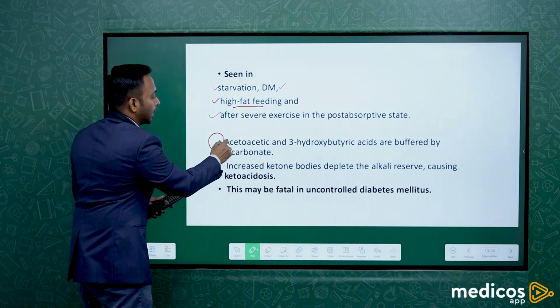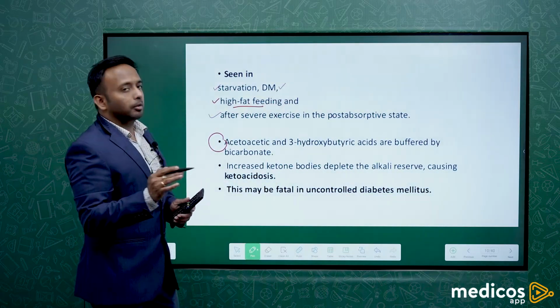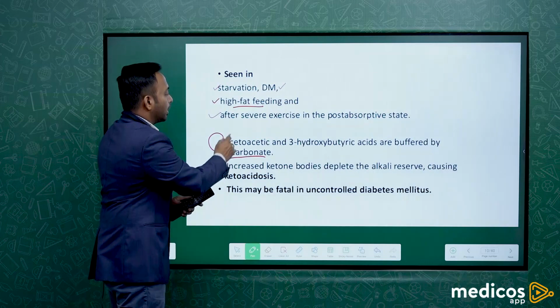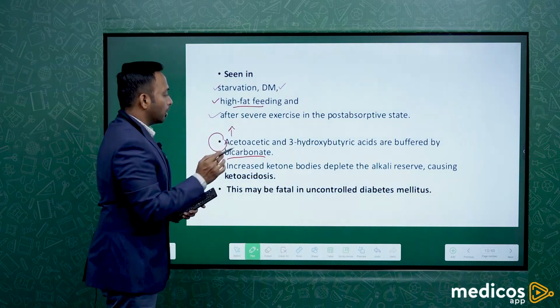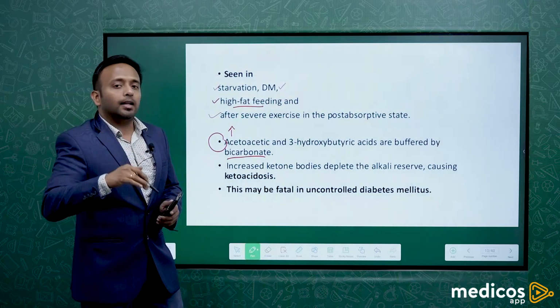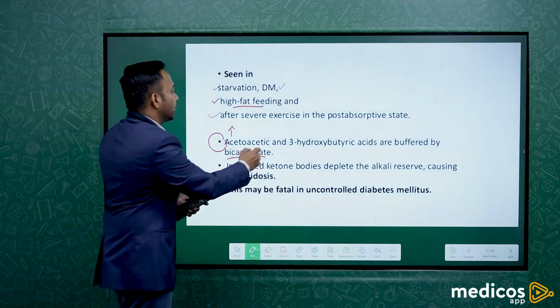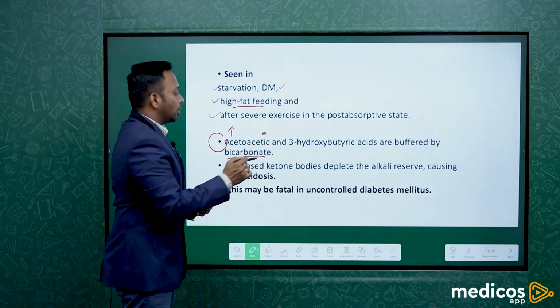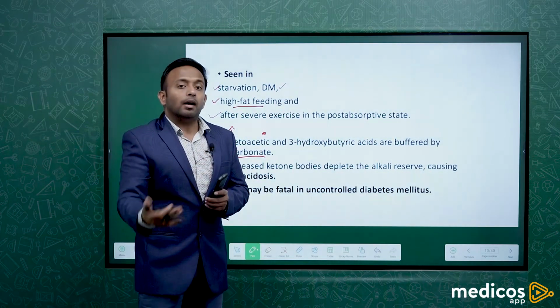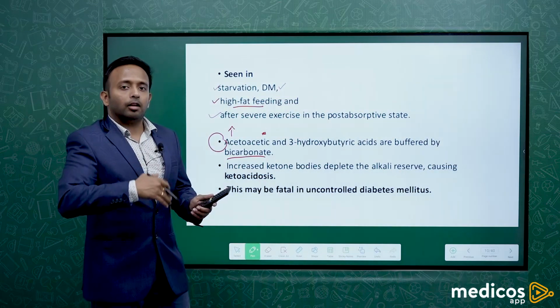So acetoacetic acid and beta hydroxybutyrate are buffered by bicarbonates. So whenever there are increased levels of ketone bodies, what happens? You are utilizing the alkali, that is the bicarbonate, for neutralizing these acids. When you are neutralizing these acids, the person will end up in acidosis because the alkali reservoir is reduced.